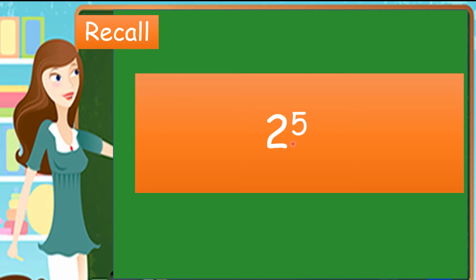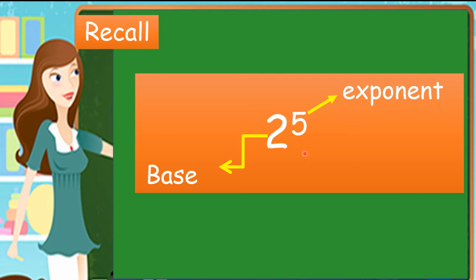So, ang ating exponent ay, ayun, 5. 5 ang exponent, at ang 2 naman ay ang ating base. So, ang exponent ay nagsasabi kung ilang beses mo imumultiply ang base sa kanyang sarili.